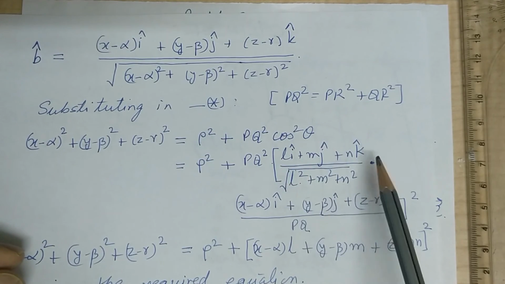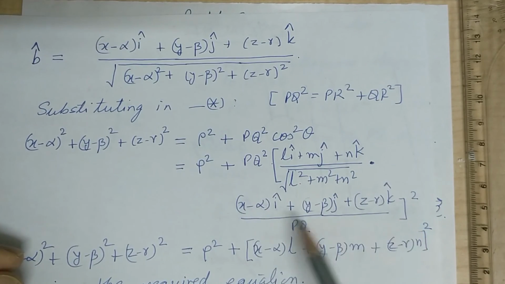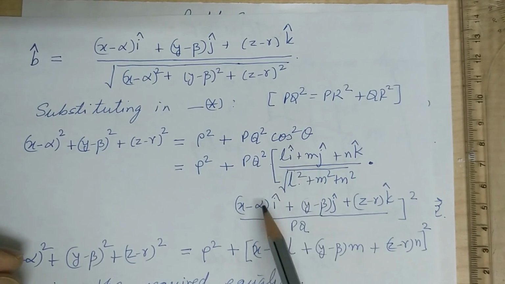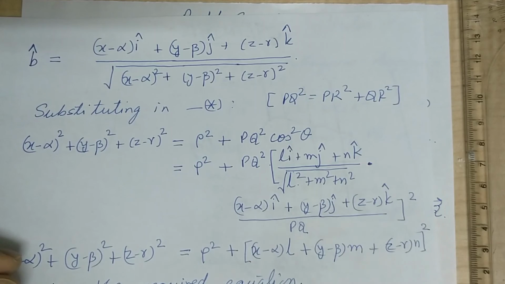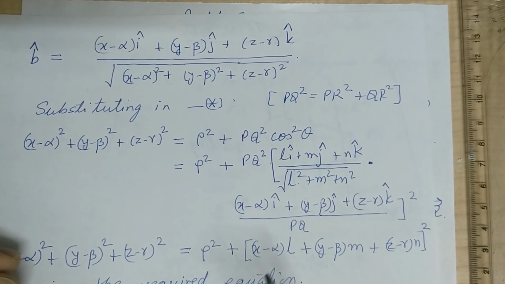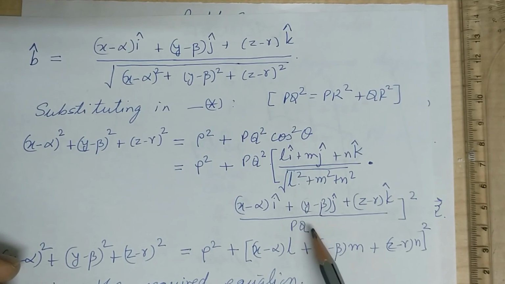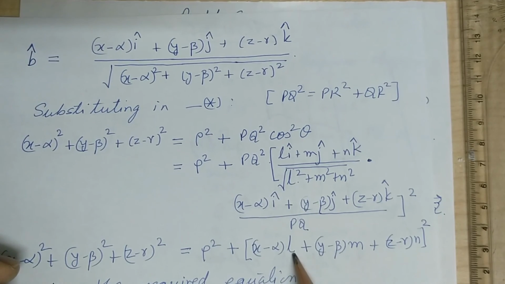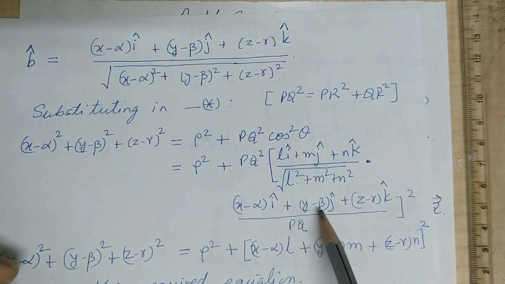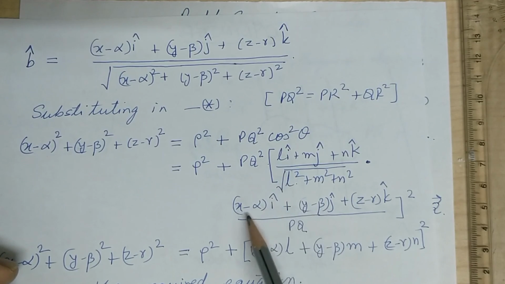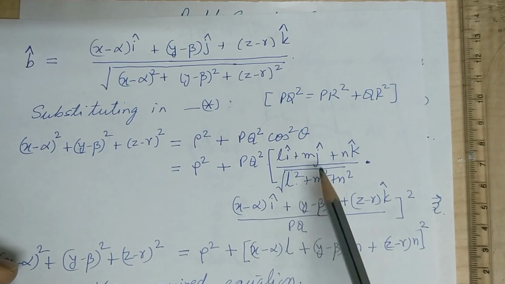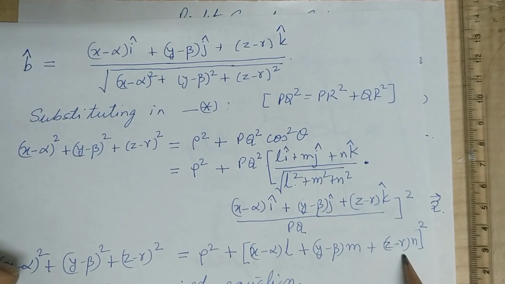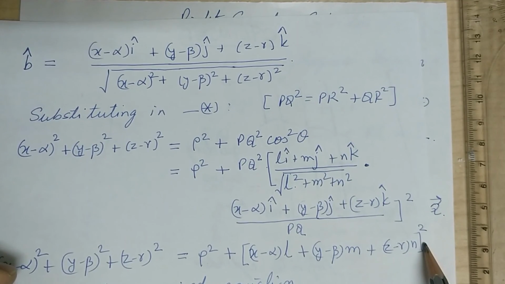This is the vector A cap, this is the vector B cap, and the square of that. So what is the dot product of these two vectors? L times x minus alpha plus m times y minus beta plus n times z minus gamma, and the square of that.